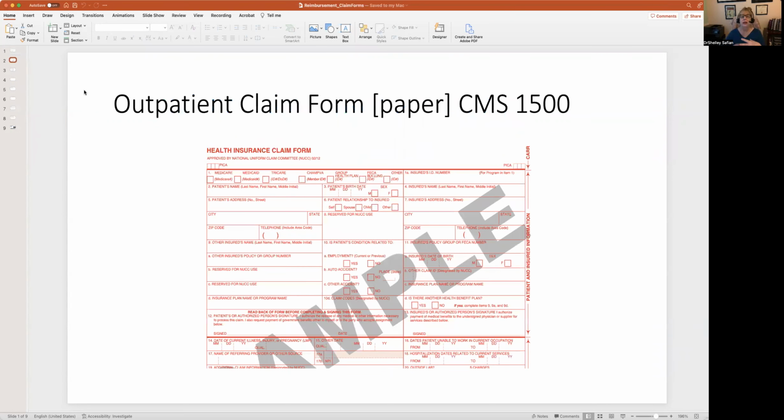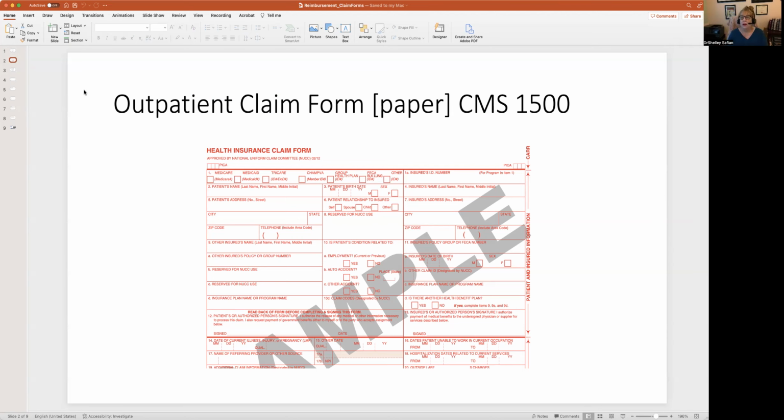All right, the first thing that you need to understand is there are at least two different claim forms. This is the outpatient claim form. This is a copy of the paper claim form, also known as the CMS 1500, which has been used for years and years and updated over the course of time.